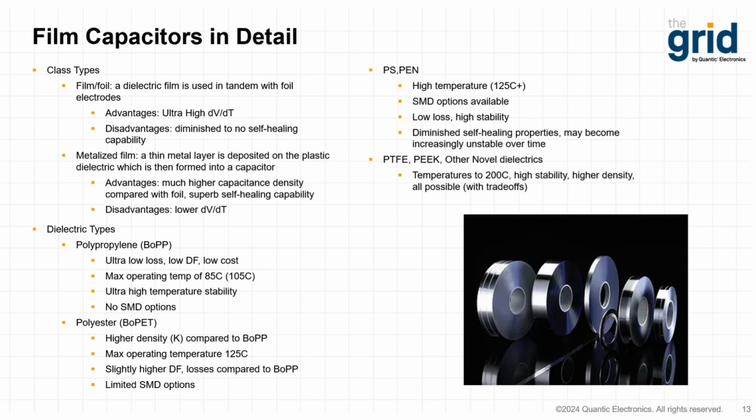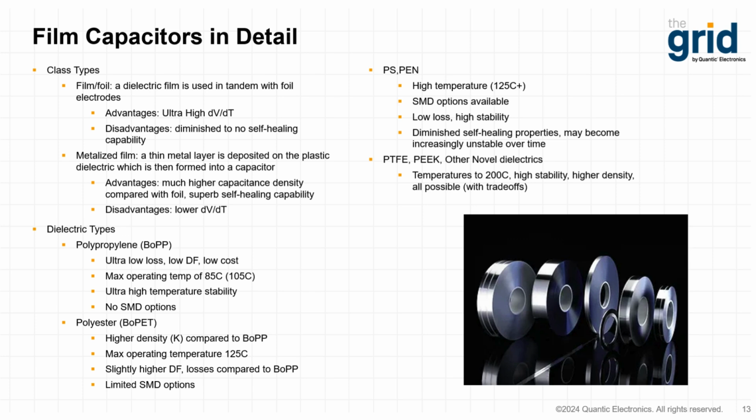Polystyrene and polyethylene naphthalate are very high melting point dielectrics that also have very low losses, very low ESR. They are commonly used as chip capacitors. There can be some handling issues with plastic chip capacitors due to the lightweight of the chips, and the high melting point of the plastic used means that there is diminished self-healing capability.